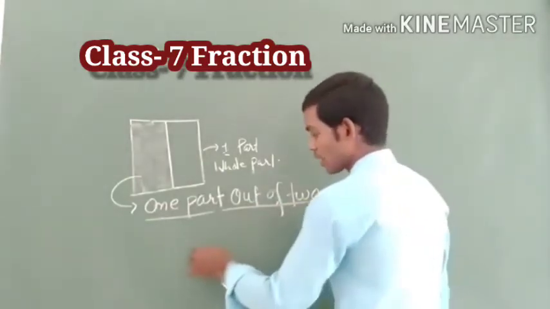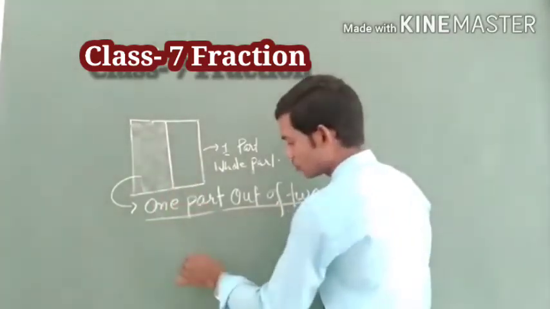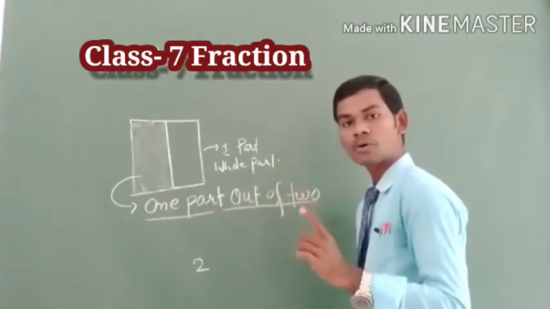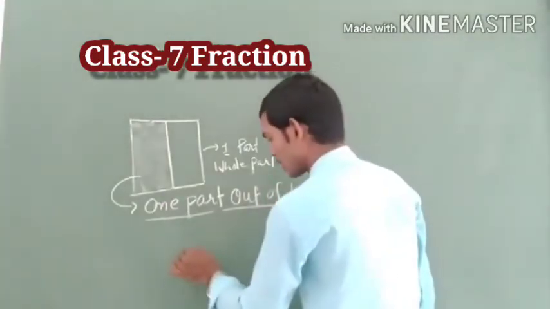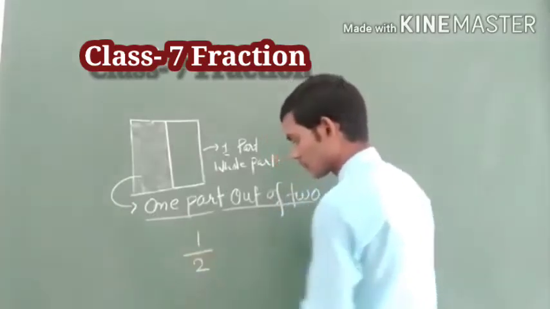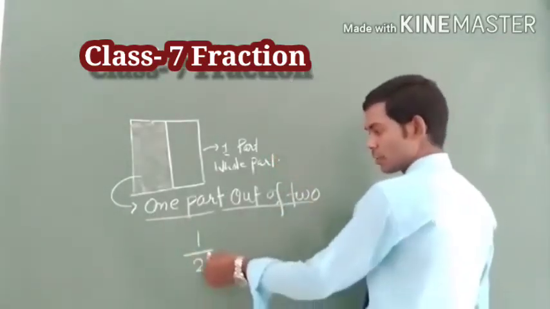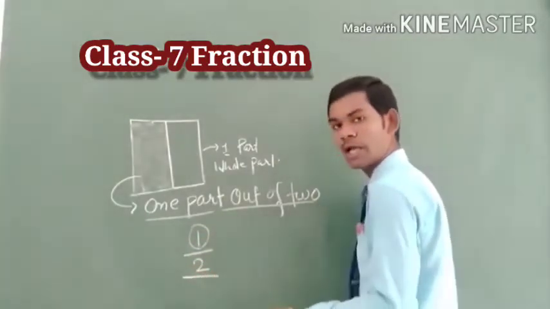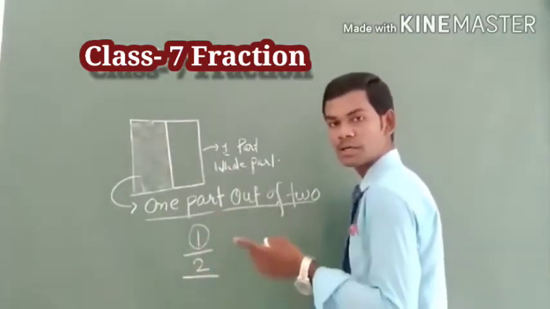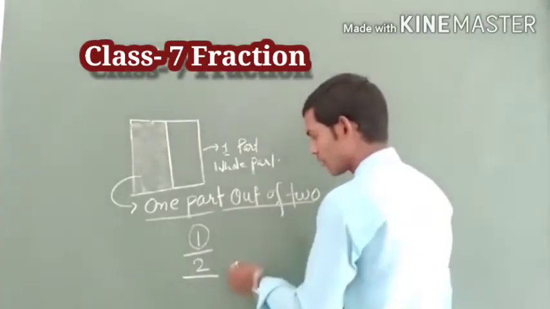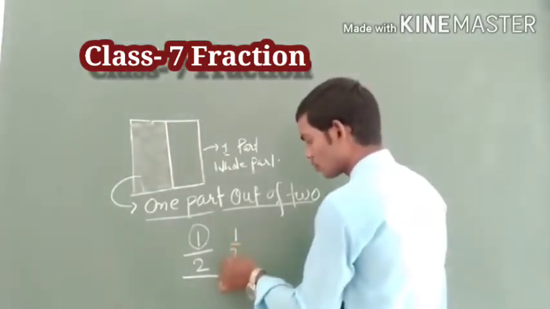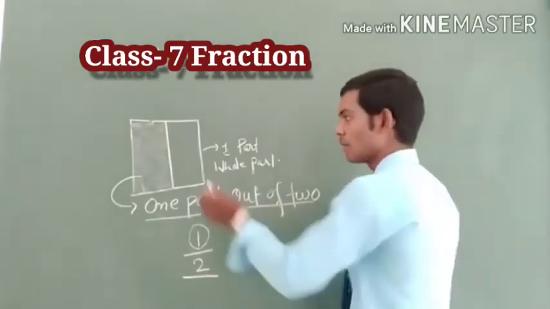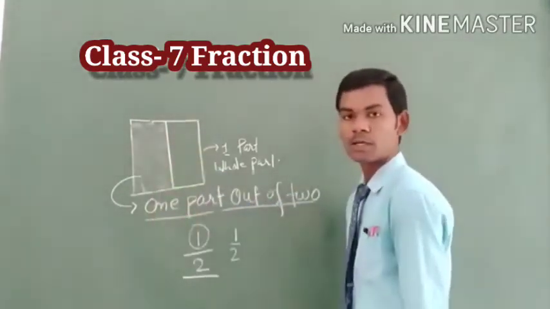That means the whole part is 2 and one part out of 2 has been shaded, then we write it like this. Okay, so this represents one part out of 2 has been shaded or taken. Therefore 1 by 2 is called a fraction of the whole square.